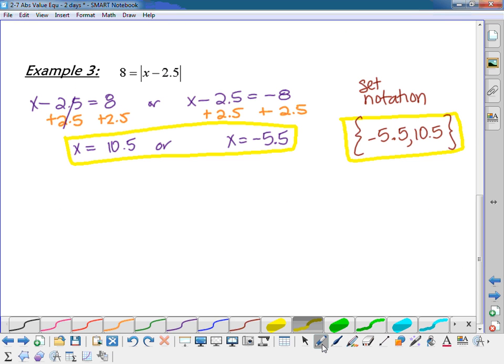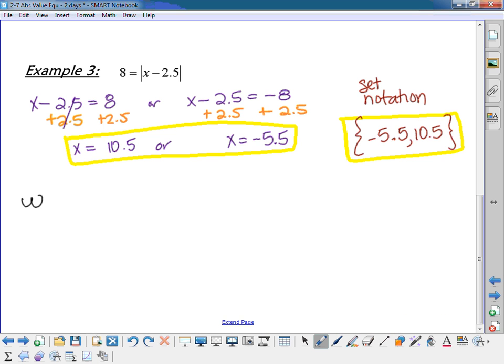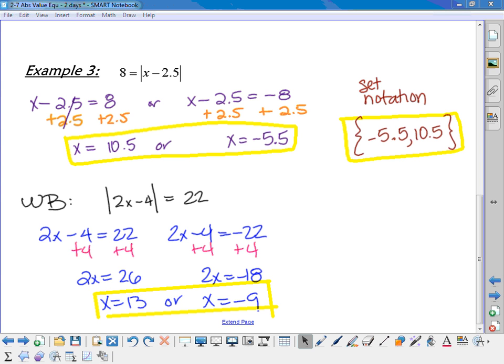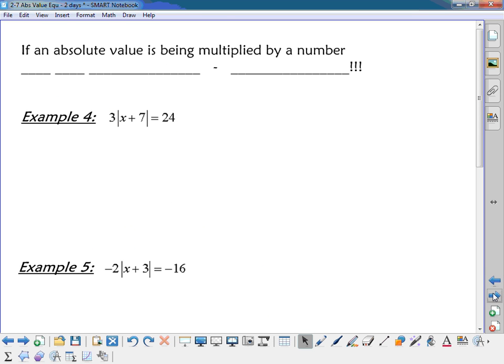Okay, so now one for your whiteboards. We have the absolute value of 2x minus 4 equals 22. Go ahead and solve that one. Okay, so sometimes you're going to have a situation where an absolute value is being multiplied by a number.